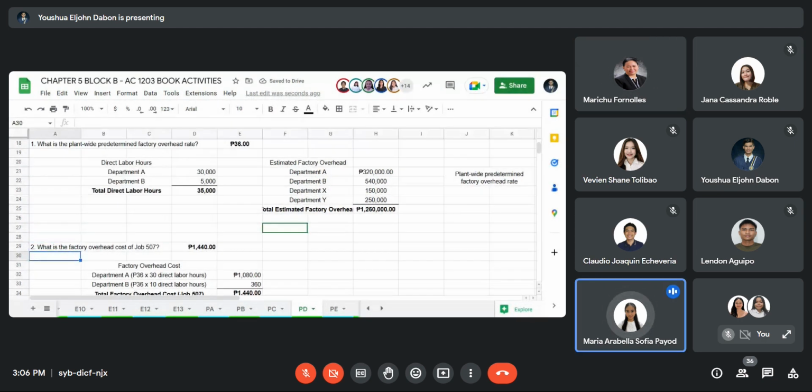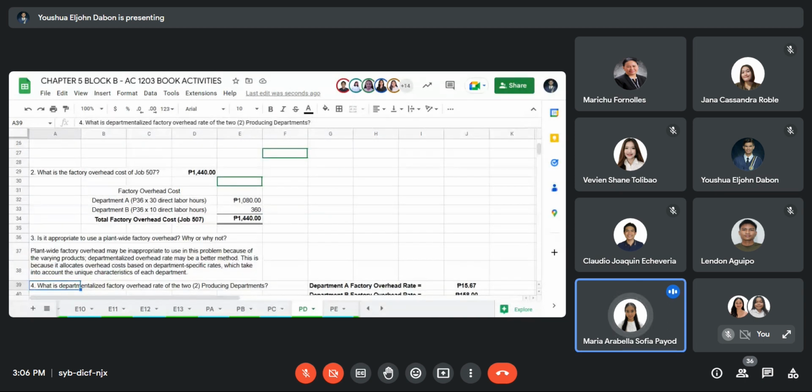Next, number 2. Now, for number two, it asks what is the factory overhead cost of job 507, and we got 1440. So how did we get that? First, for department A, you multiply 36, which is our answer for number 1, times 30 direct labor hours, since it is stated in the data for job 507 that in department A they use 30 direct labor hours, and you get 1080.